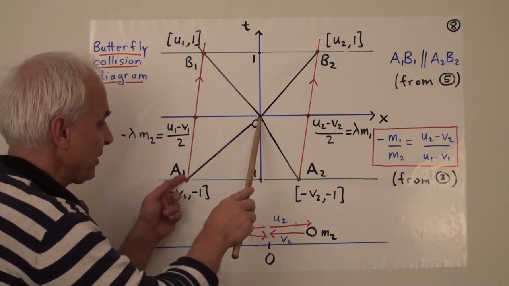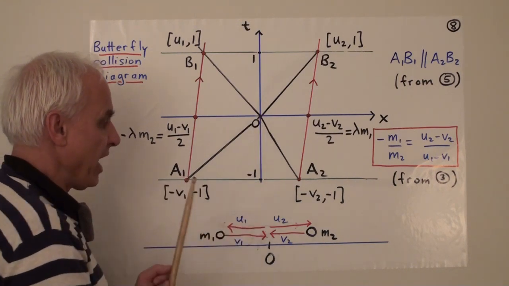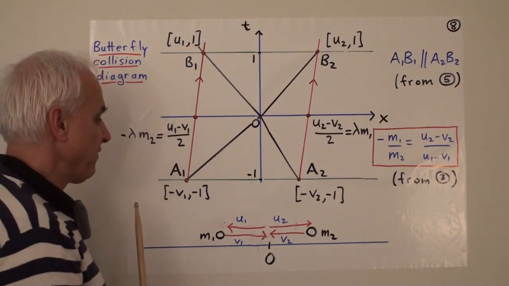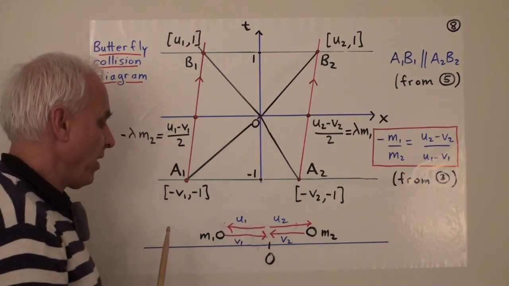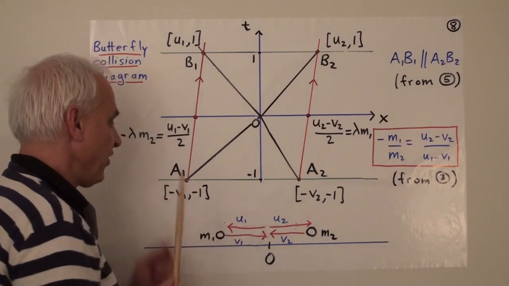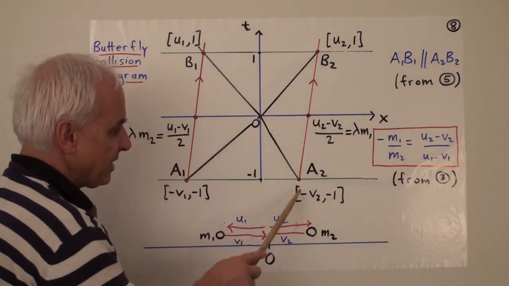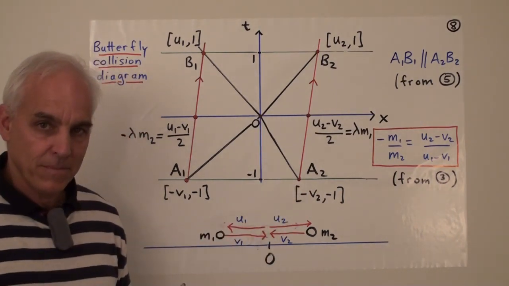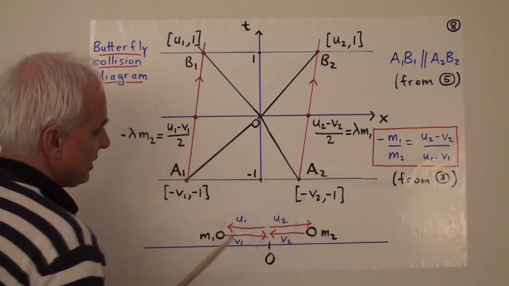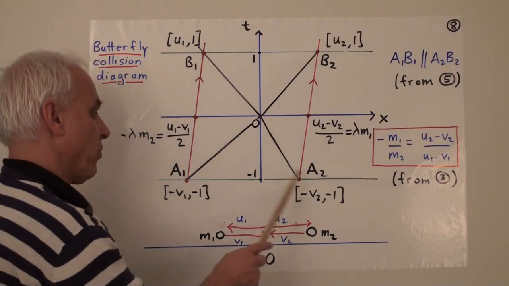So if we actually calculate delta x from here to here, the change in x is 0 minus minus v1, that's v1, divided by 0 minus minus 1, that's 1. So the velocity that's associated with this is v1. Similarly, the velocity associated with this is exactly v2. So the velocities are recorded on this line t equals minus 1 by having x coordinate minus v1 and x coordinate minus v2.